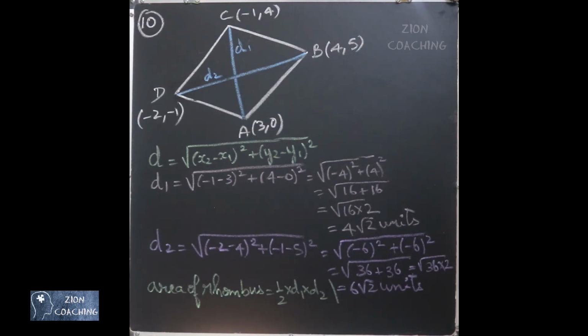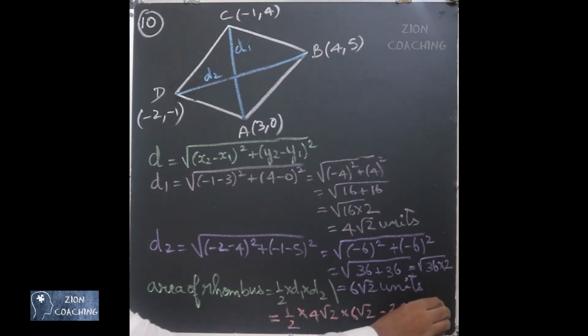When I substitute the values, I am going to have 1 by 2 into your D1 value, which is 4 root 2, into your D2 value, that is 6 root 2. 4 into 6 is 24, root 2 into root 2 is 2. So we are going to have 24 into 2 divided by 2. 2 and 2 will get cancelled. So the area is 24.